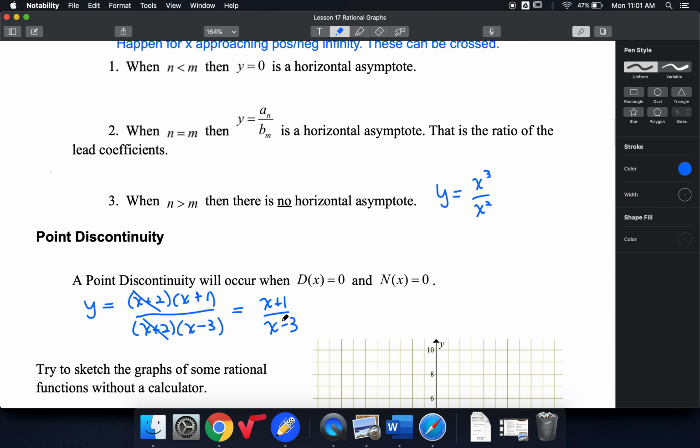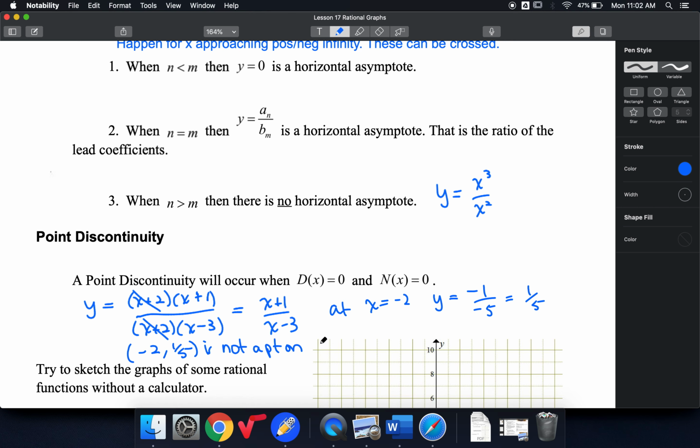And in this situation, I could plug in -2. If I plug in -2, my y appears to have the value -1 over -5, so that's 1/5. But I know in the original, -2, 1/5 is not really a point though.